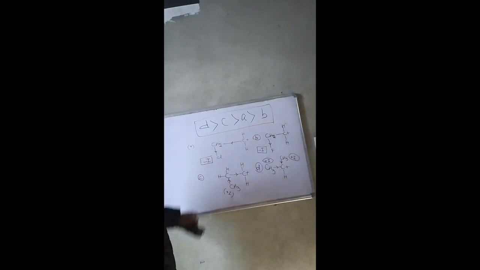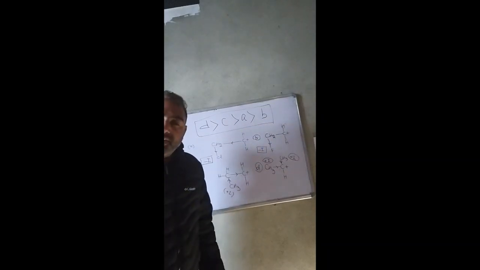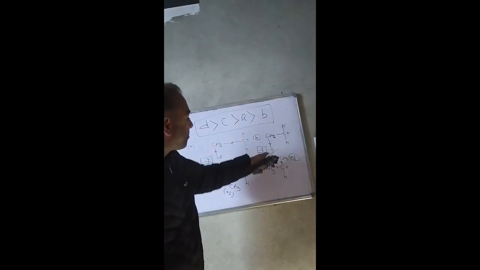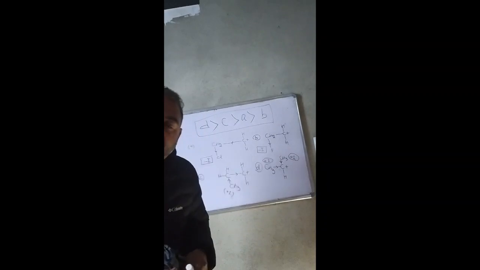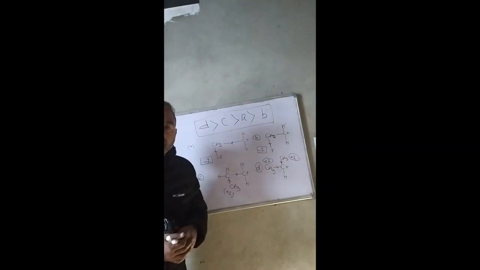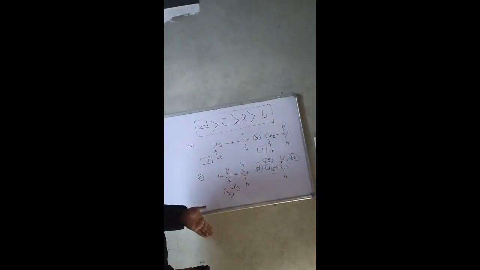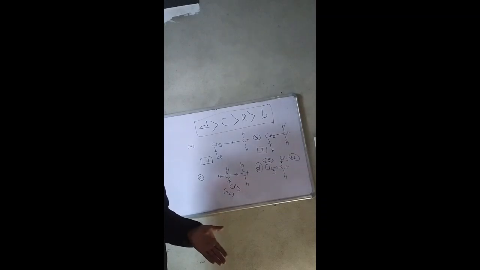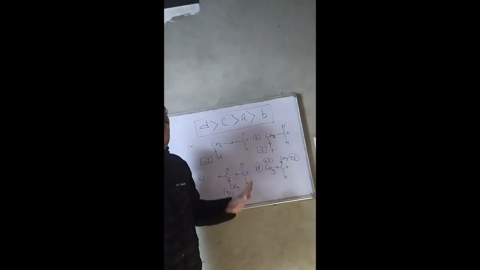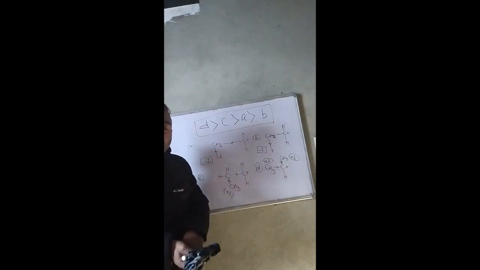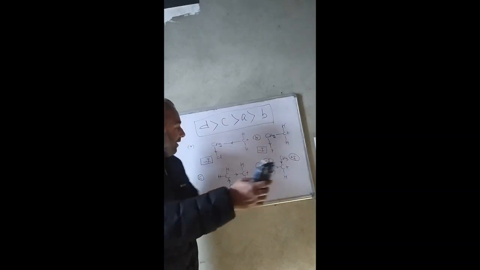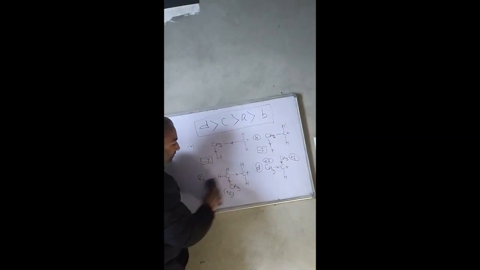D most stable and B least stable on account of strong minus I effect. Hope the concept is clear. Let us move ahead.